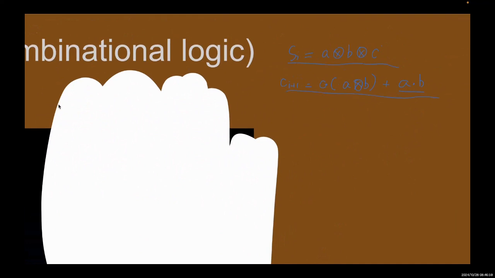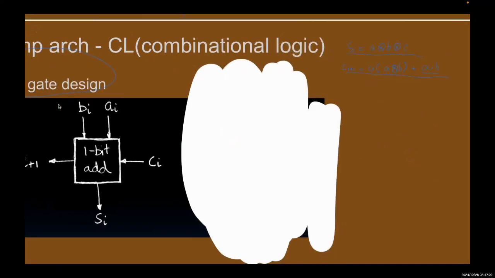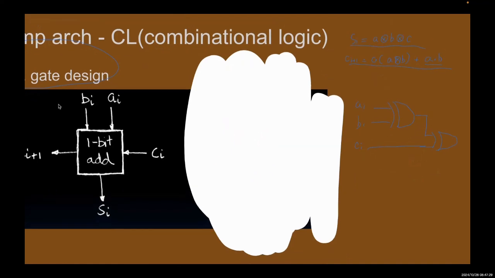So here's A, B, the input is A_i, B_i, C_i. And we just first XOR A and B, and we XOR with C, right?